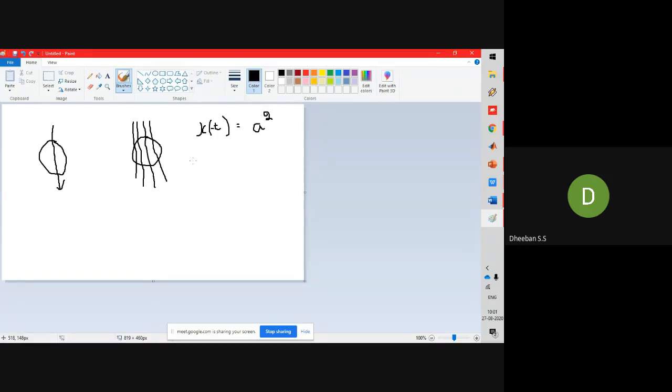Here the best example is you can go with the cos. If x of t is equal to cos x, your x of t function is a cos function. If you put minus x into the cos function, you will get the same cos x only.